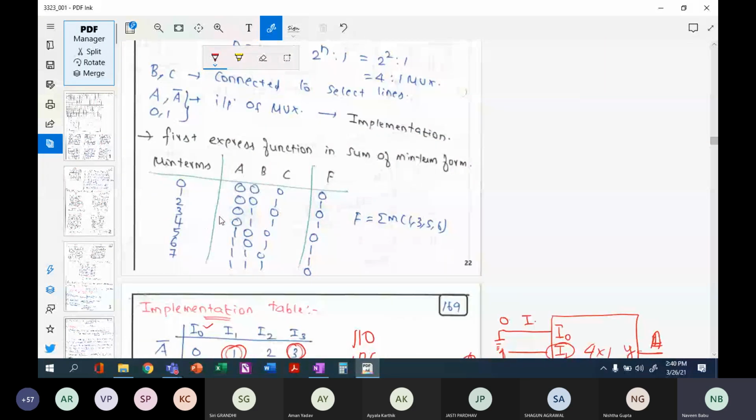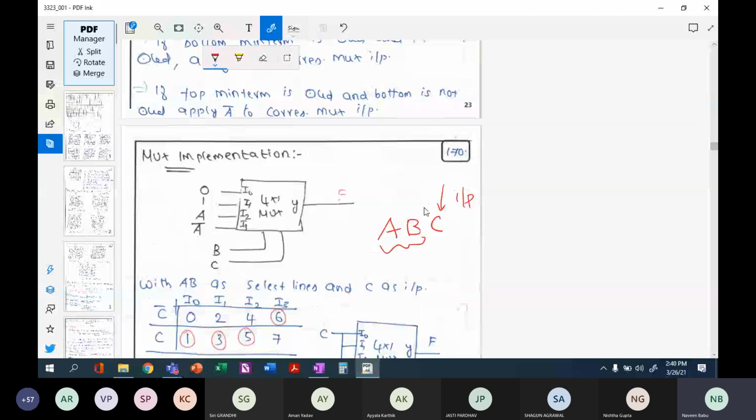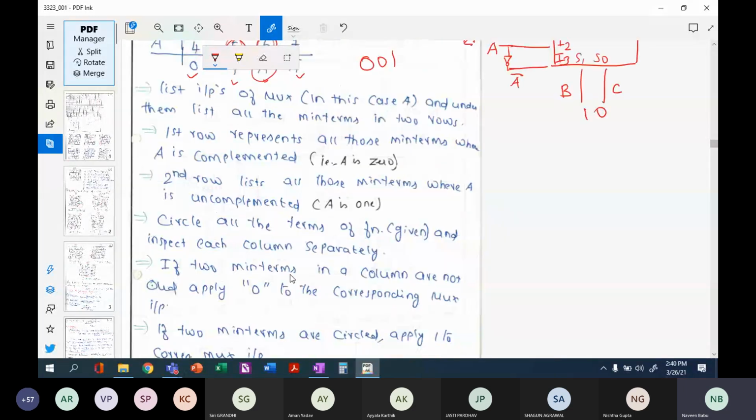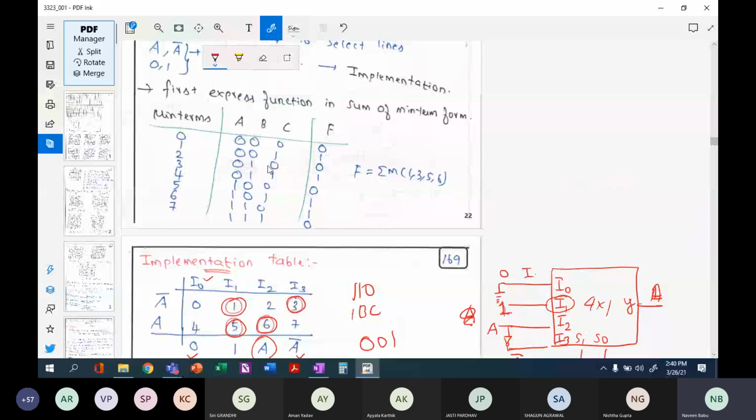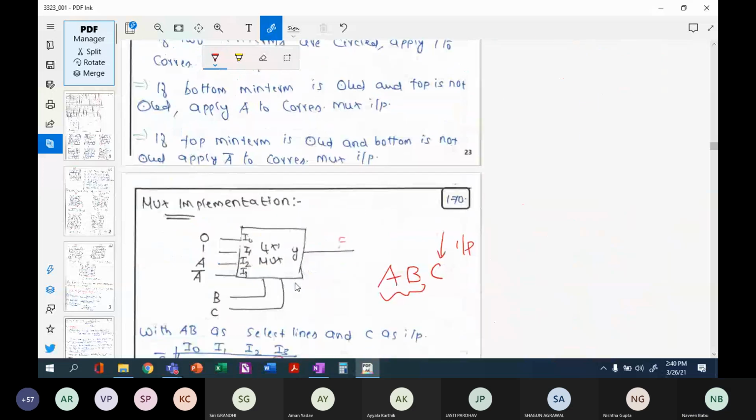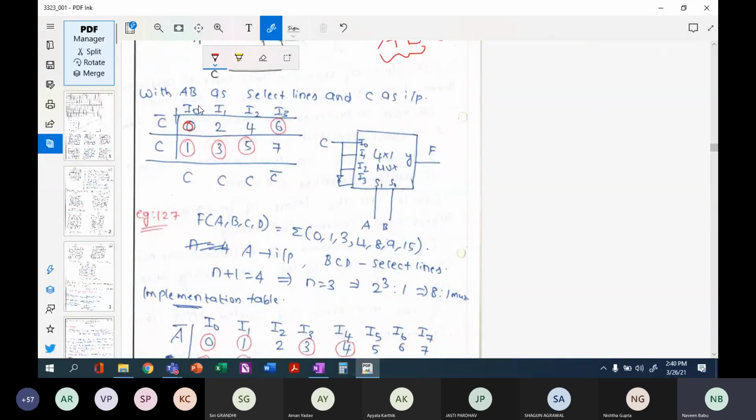Now you have to look very carefully right here at the truth table. AB is 0, 0, which means the first cell, C is also 0. So my first cell will be 0 here. Next, 0, 0 for AB and C is 1, so 1 will come here.